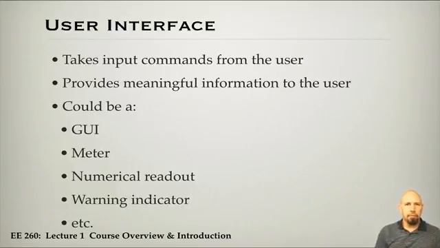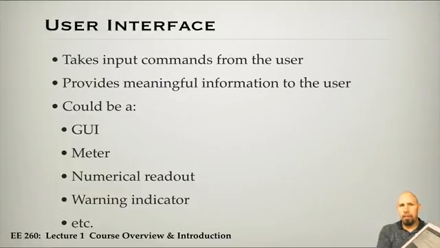That would be an example where you want to put information into the system. Or maybe your input comes in the form of a knob that you turn, and the system detects that change, and it does something based on that. So there are a number of ways of getting information in from the user.